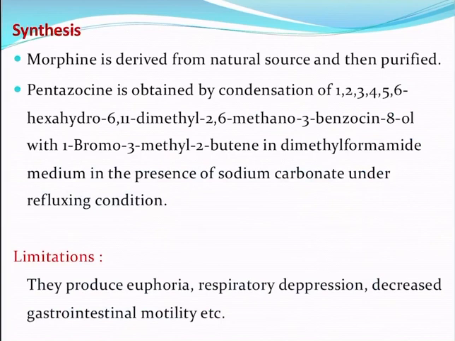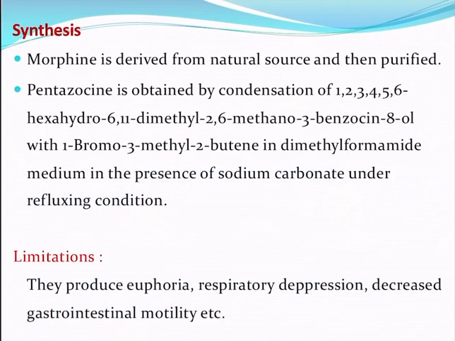Pentazocine is obtained by condensation of 1,2,3,4,5,6-hexahydro-6,11-dimethyl-2,6-methano-3-benzazocin-8-ol, which is an alcoholic compound. It is a long compound. It has been named through the IUPAC name, so that is why it seems a little big.